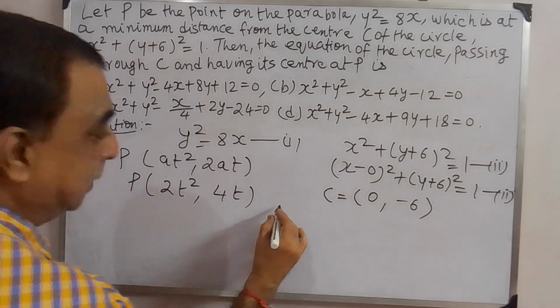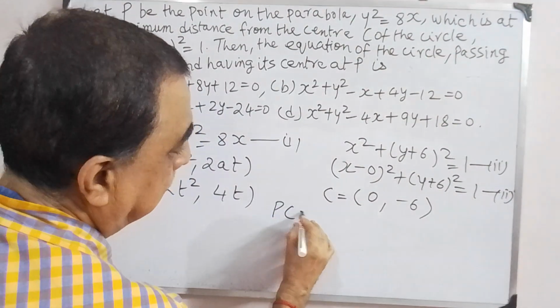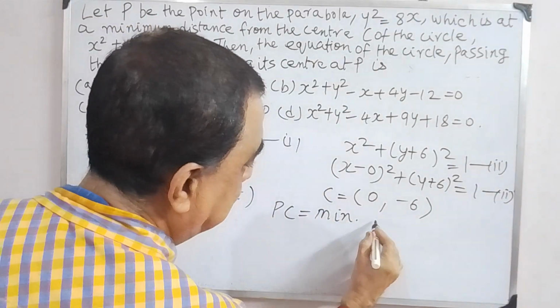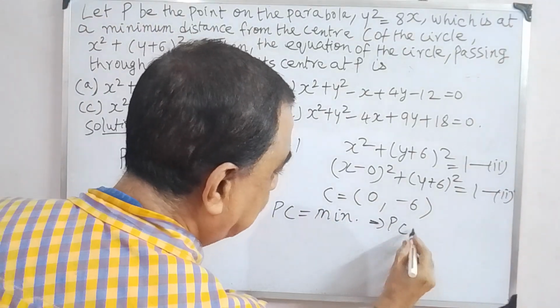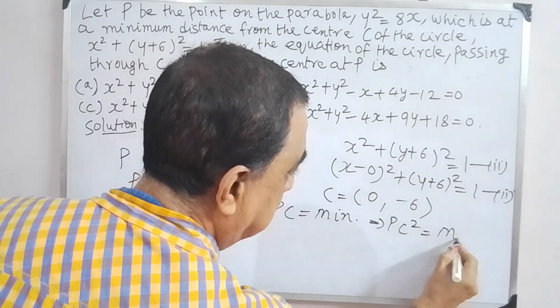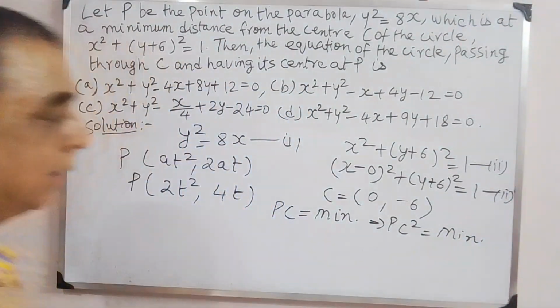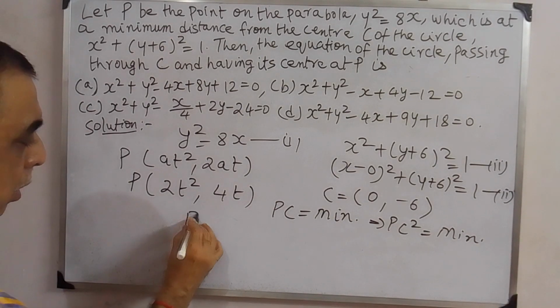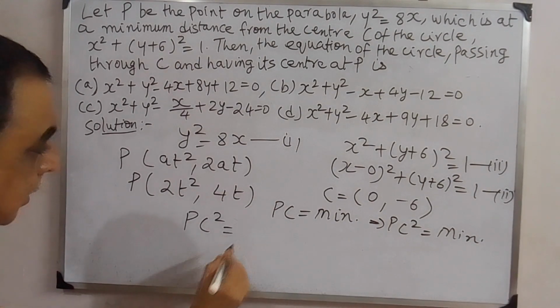Now if PC is minimum, then in that case PC squared will also be minimum. So how do we find PC squared?